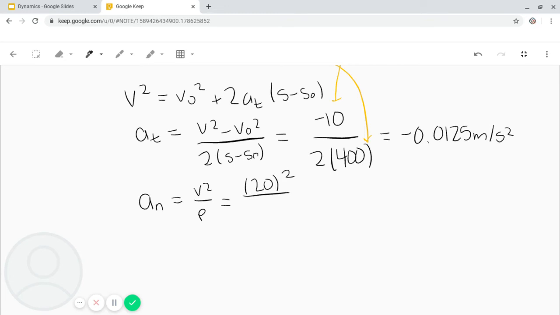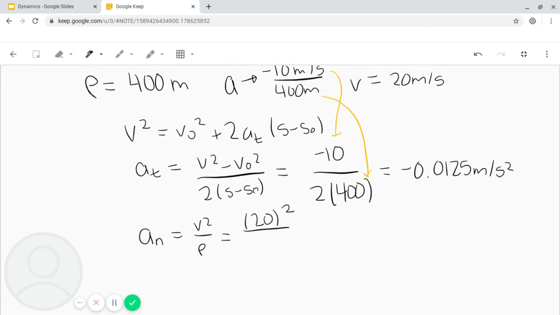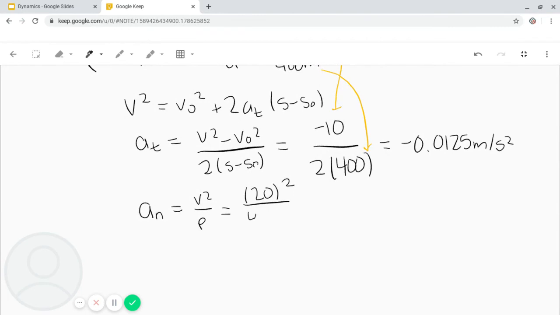That's squared over the radius of 400 meters. This is pretty simple, so it just comes out to 1 meter per second squared. So then we have our normal acceleration and our tangential acceleration.